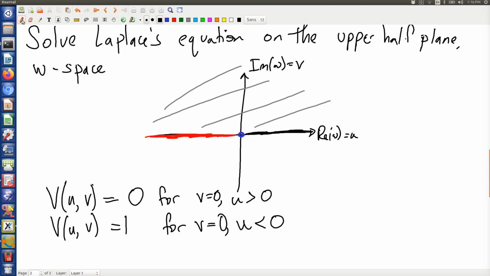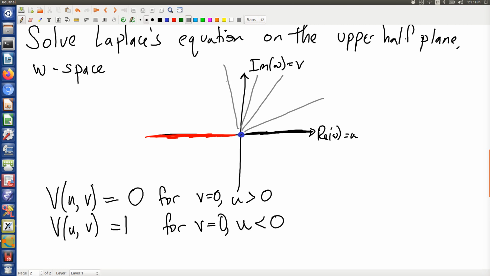And if we think about the functions that might do this, one function actually kind of jumps to mind. We're really kind of imagining the level curves of this function. Let me erase these gray guys and draw some level curves. We really want the level curves to be kind of like this, emanating from this origin, and we want the voltage to increase because it needs to be 0 on the positive real axis and needs to be 1 on the negative real axis.